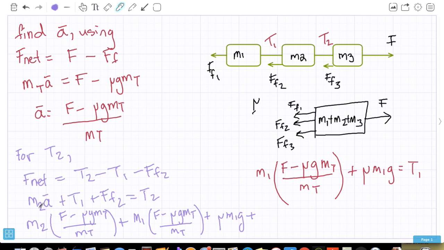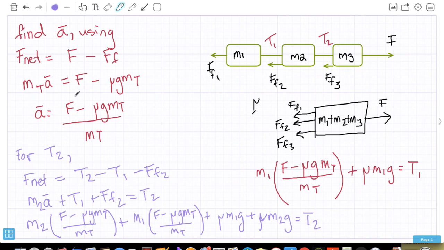So this term right here is M2A. This term right here is T1. And then FF2 is equal to mu times m2g, and that's equal to T2.